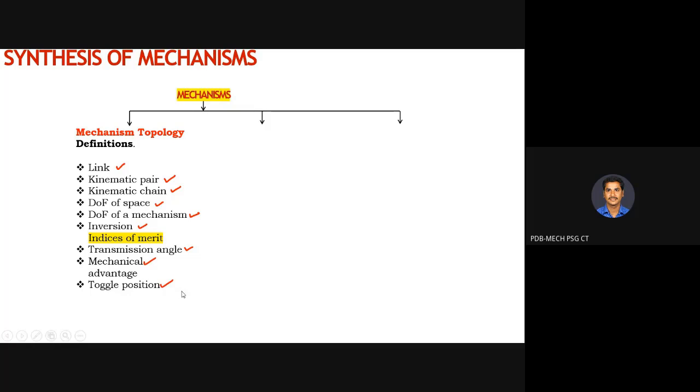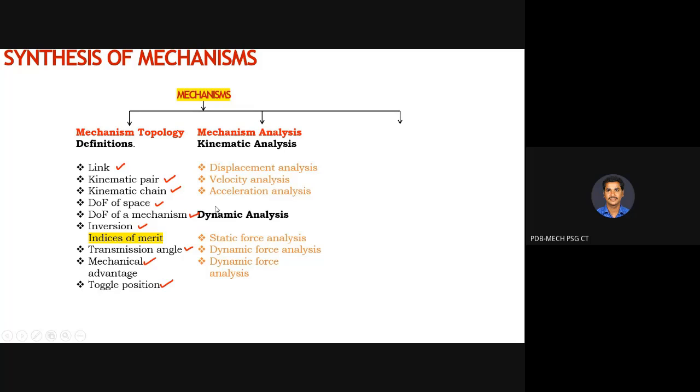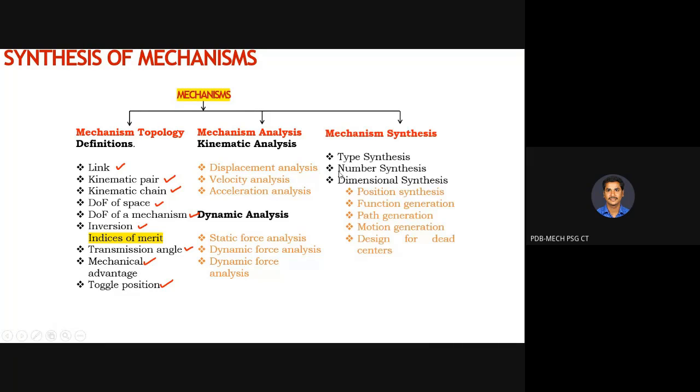These are all the discussions we had so far, followed by the introduction. A brief introduction has been given related to synthesis of mechanisms. In synthesis, we have three classifications: type synthesis, number synthesis, and dimensional synthesis.